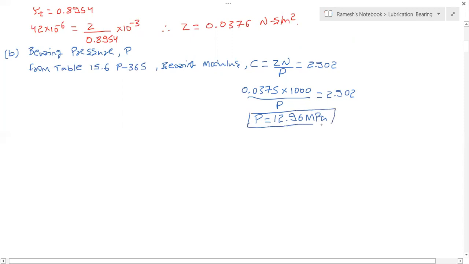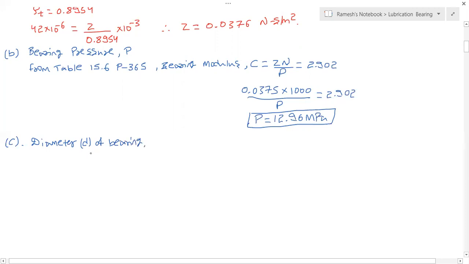After finding the bearing pressure, next I need to find out the diameter. How to find out the diameter of the bearing? Diameter, that is small d of the bearing.